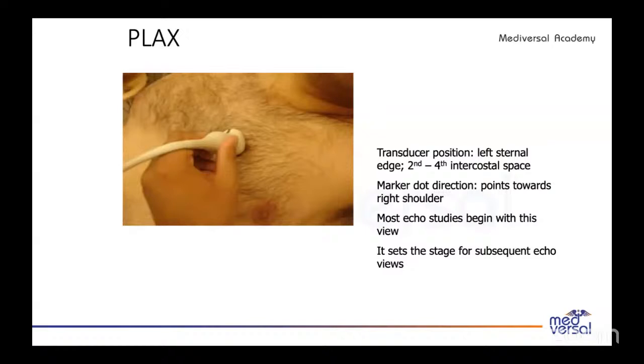Okay, so the marker is on the right shoulder, and the transducer position is in between the left second and fourth intercostal space, right? So the marker is also very important. In this, the black marker line points to the right shoulder.